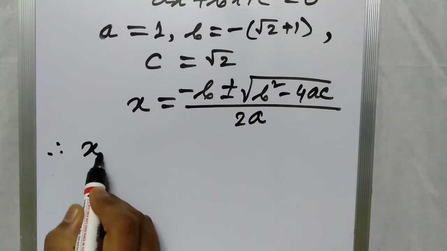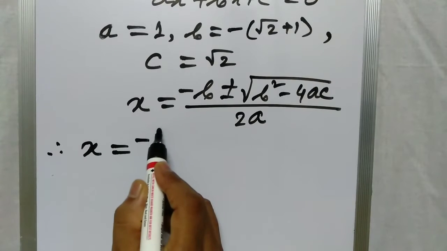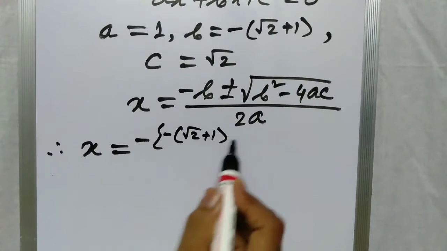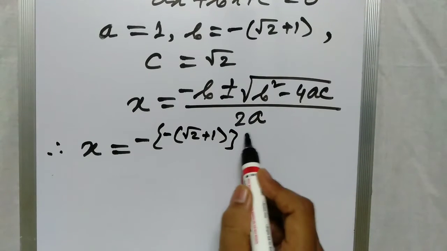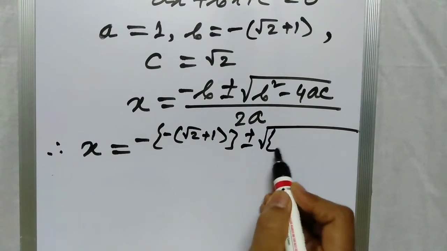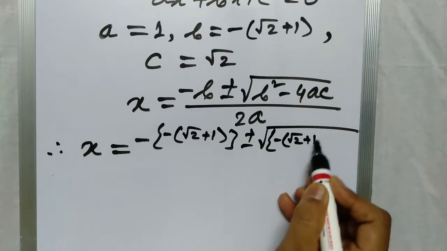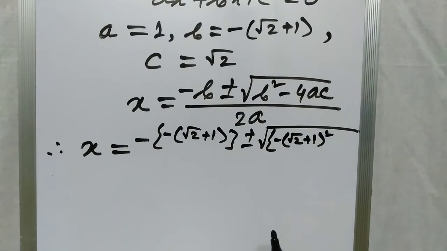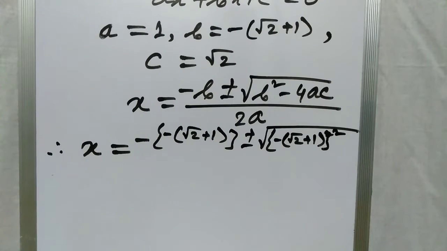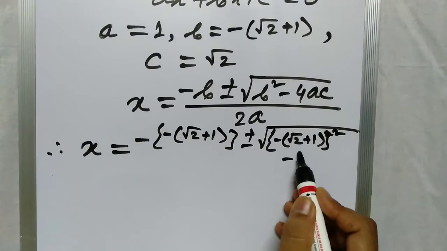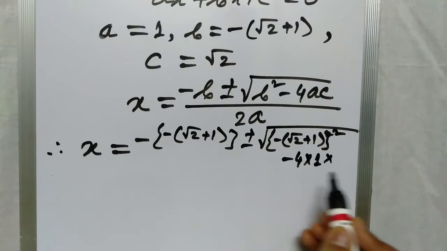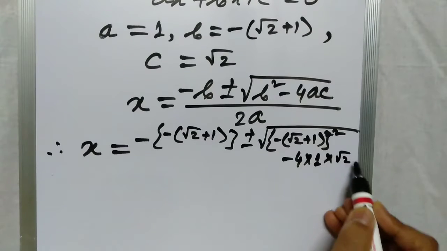Therefore, x is equal to minus, in second bracket, minus (root 2 plus 1), plus minus root of b square, that is minus of (root 2 plus 1) whole square, minus 4 into a, that is 1, into c, that is root 2.